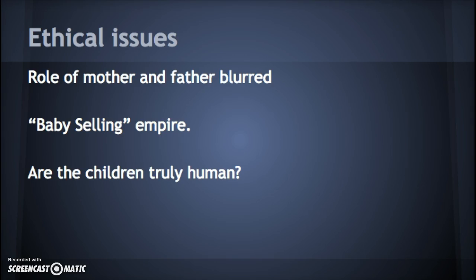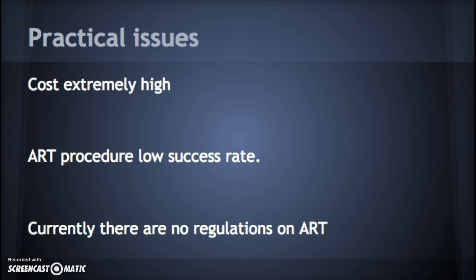Along with these ethical issues are the practical issues. The cost of in vitro fertilization or any ART method is extremely high. This is because it's a relatively newer procedure, and one procedure can cost $11,000 or higher, and it's not even guaranteed to work.